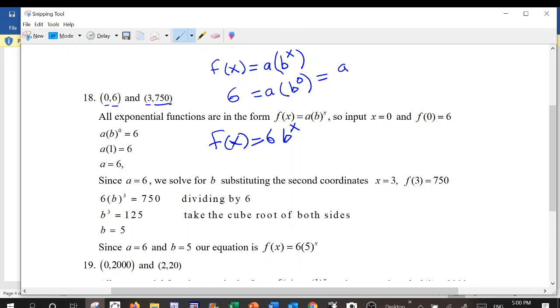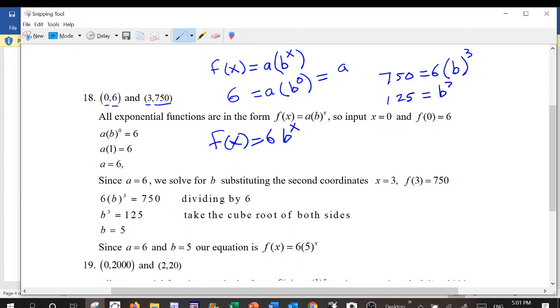When x is 3, y is 750. So 750 equals, now we know a is 6, times b to what power? To 3, right? You see right here it says when x is 3, y is 750. So we're going to divide 750 by 6. 750 divided by 6 is 125.